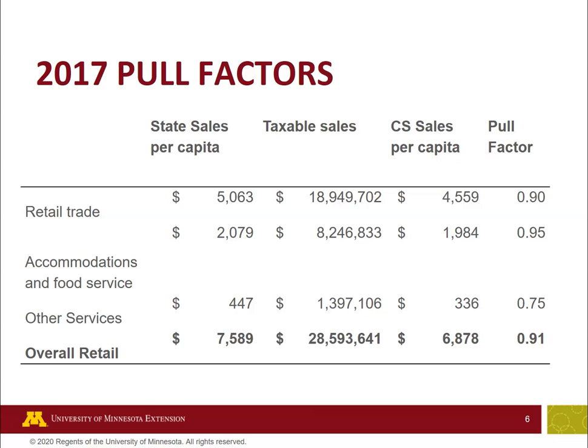So overall, that bottom line was that for retail, a pull factor of 0.91 means that maybe about 9% of the sales we might expect if everyone spent like the state average does in the retail category, about 9% maybe are going someplace else. Now we know that's not exactly true, that people are coming and going all the time, but it does give us a rough estimate of how well a community is doing at retaining their spending that's available or gaining new people coming in.